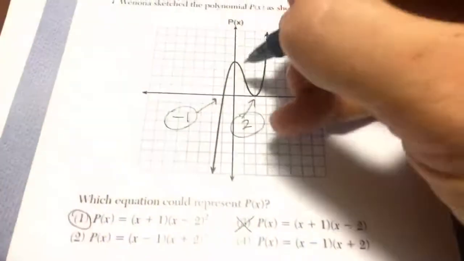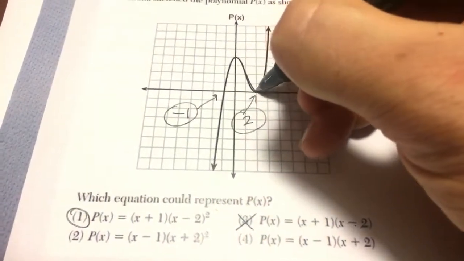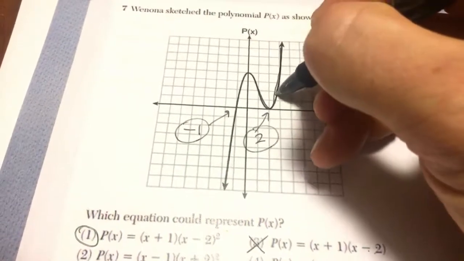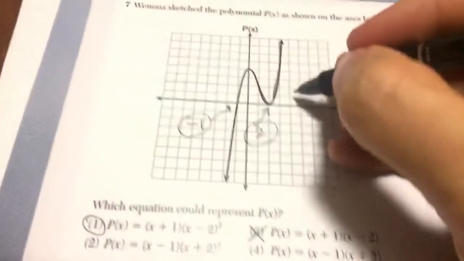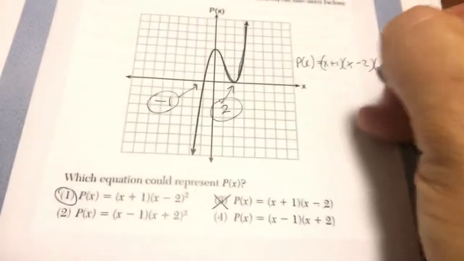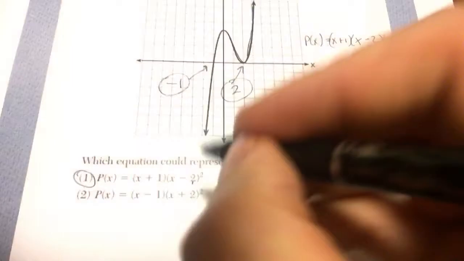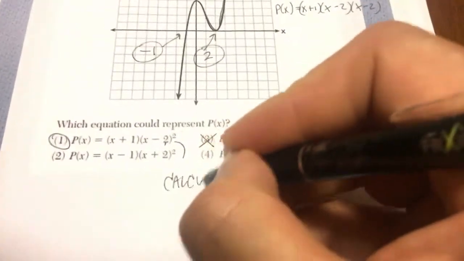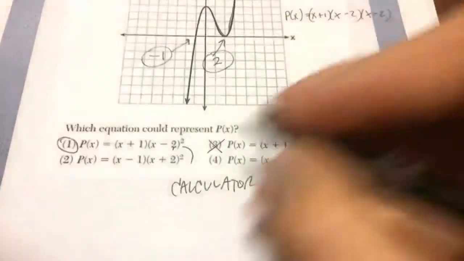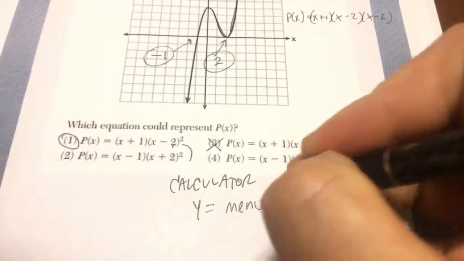But remember that if this touches the x-axis at one place, you're going to have a repeated factor. So what that means is you're going to have this. And what you could do is square it. Now, what I recommend you do is put this in your calculator in your y equals menu to verify that this looks like this.